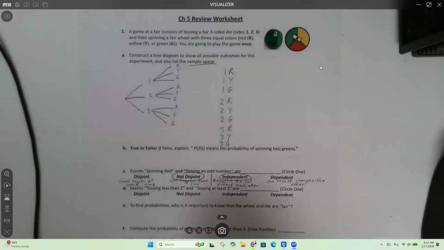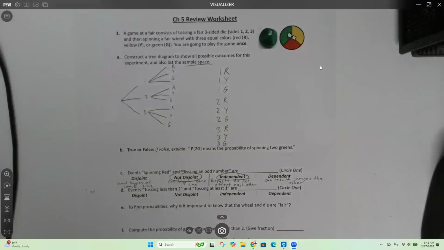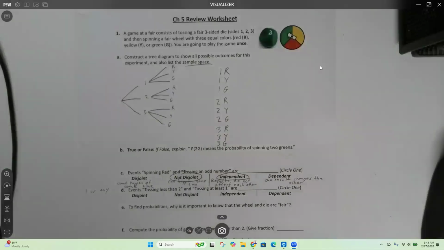So I need a one in this case. Tossing at least a one means one is the lowest, so you need a one or more. Well, one or more is any roll at all. So can you roll a one and also roll any number? Yes, you can. Those could happen at the same time.